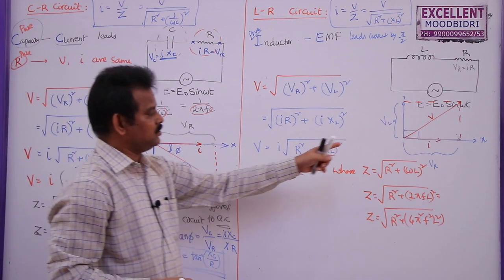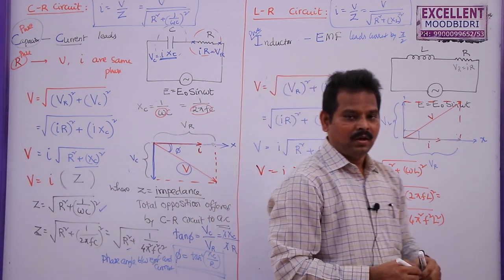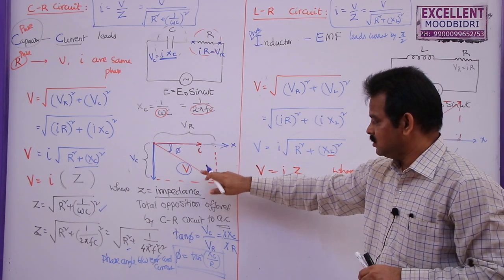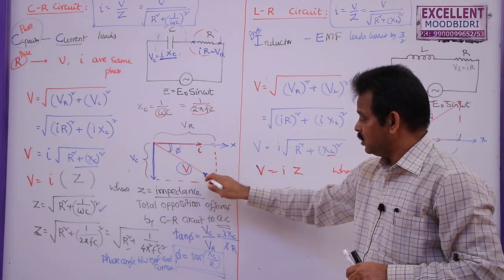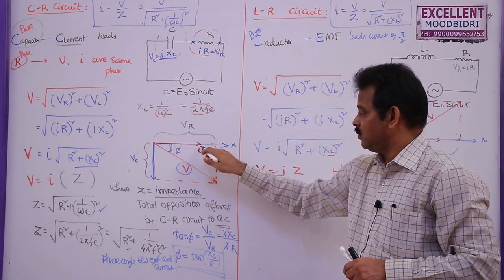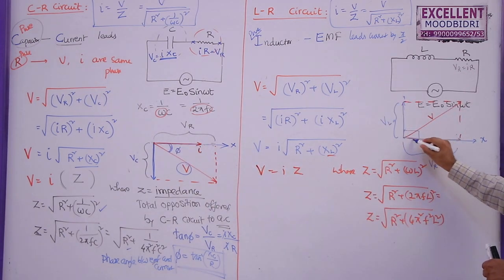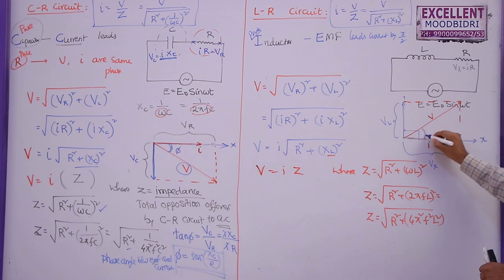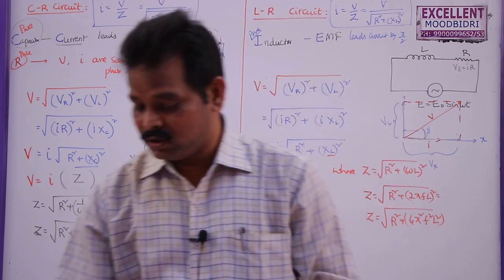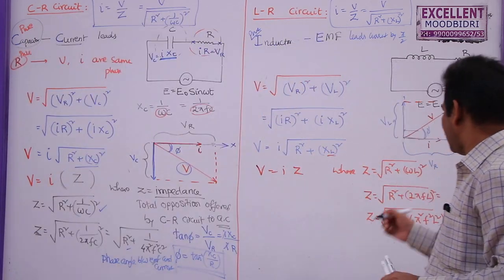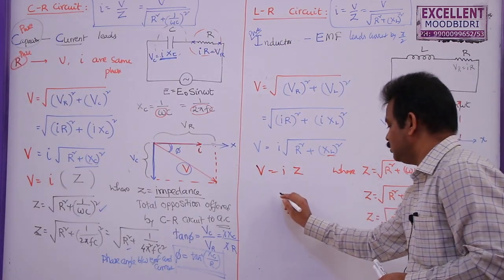Similarly, what is the phase angle here between voltage and current? That's why in this diagram as well as this diagram, I am drawing the net voltage with red color and current with red color, so that I can find the angle between these two. Here also, this is the current, this is the voltage, and this is the phase angle between these two. The phase angle can be determined using the same concept, that is tan phi.